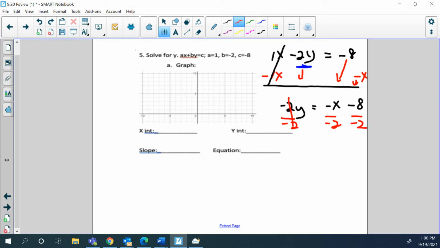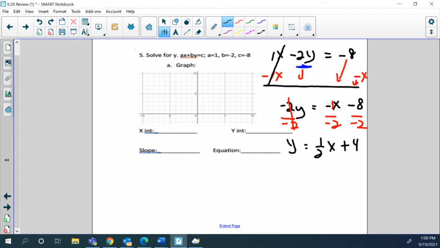That goes away, so I'm left with just y is equal to, now remember there's a 1 here, all right? We just don't write it. There's a 1 right there. So that would give me negative 1 divided by negative 2. That would just give me a positive 1 over 2, 1 over 2x. Negative divided by negative gives me a positive 4.